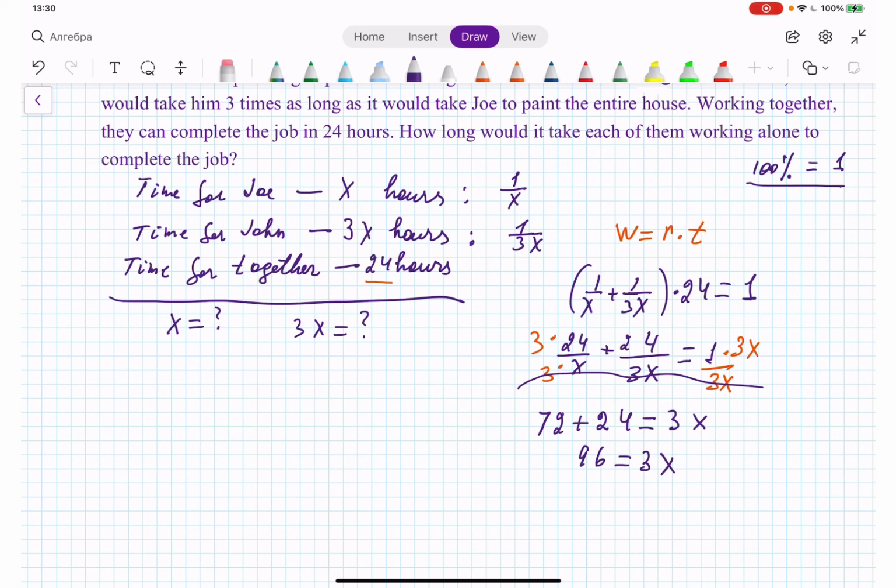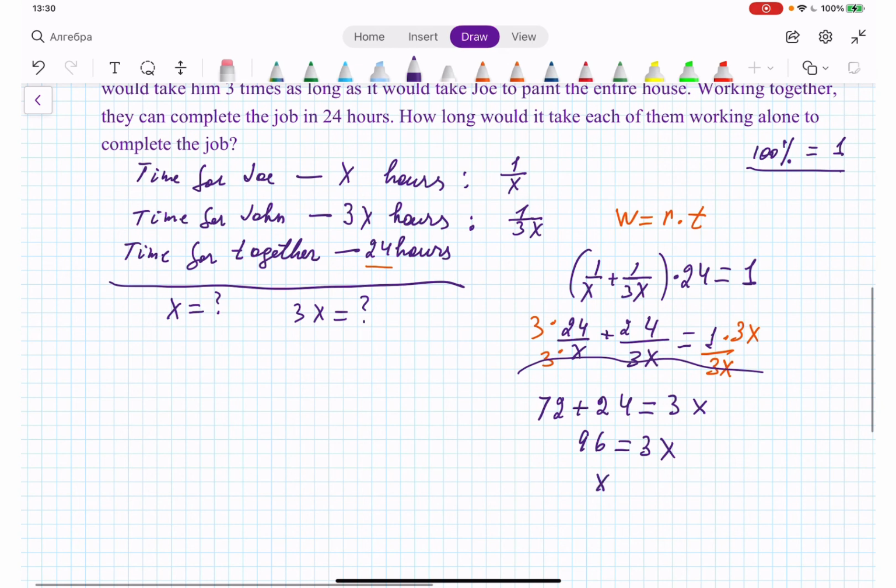Since we are interested in time, x is going to be 32. From here, it will take 32 hours for Joe, I'm sorry, for Joe.